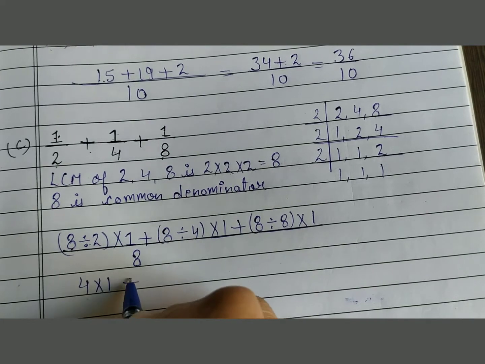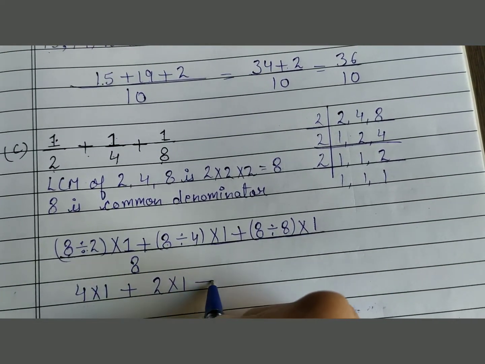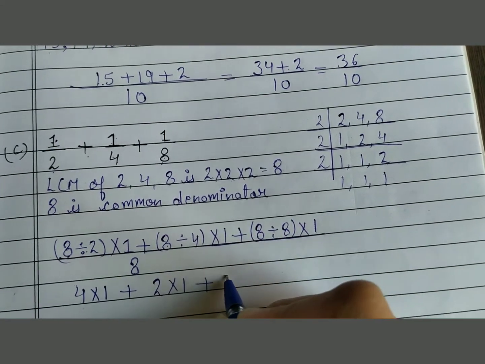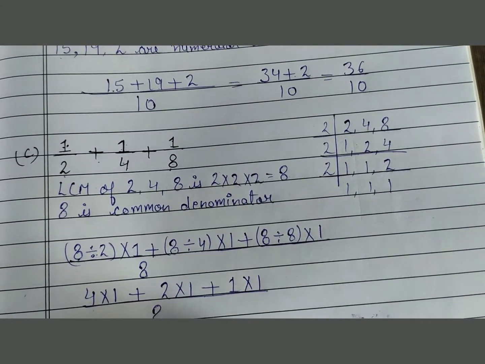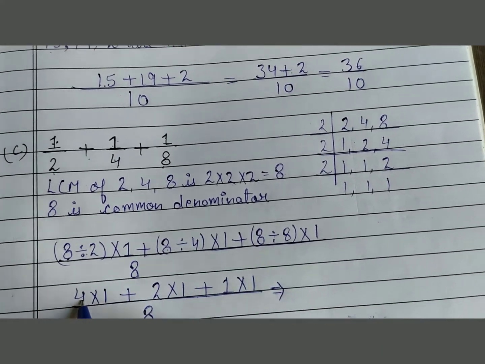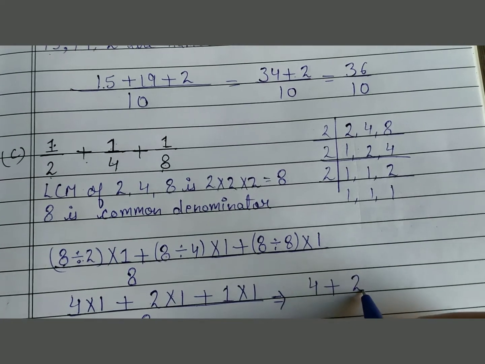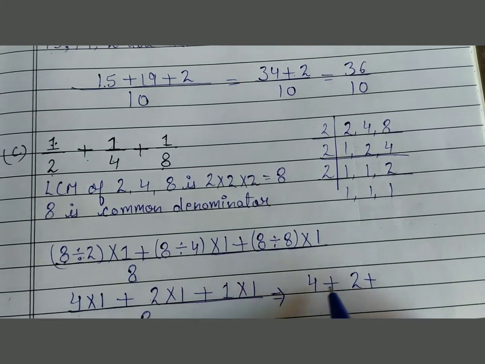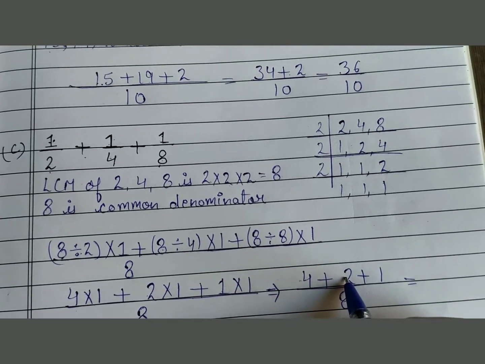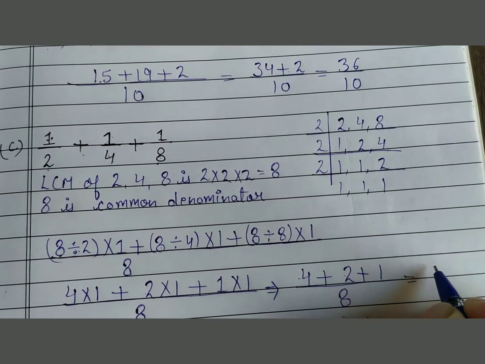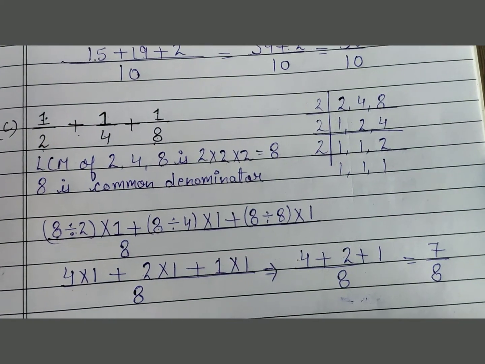Multiply 1, add 8 divided by 4 equal to 2 multiply 1. 8 divided by 8 equal to 1 multiply 1 upon 8. Okay. 4 ones are 4. Addition sign. 2 multiply 1 equal to 2 plus 1 multiply 1 equal to 1 upon 8. 4 plus 2, 6. 6 plus 1, 7 upon 8. This is the answer. Okay, children.